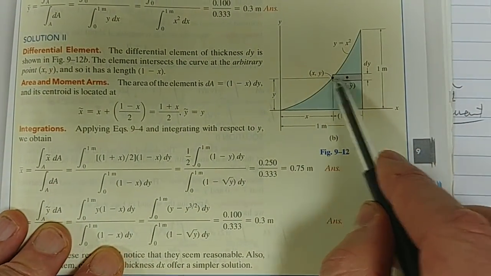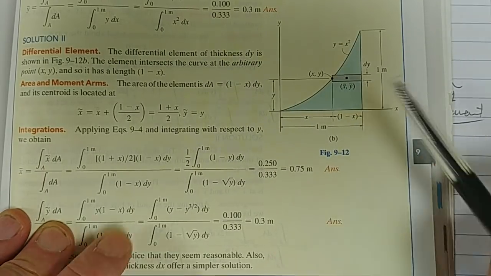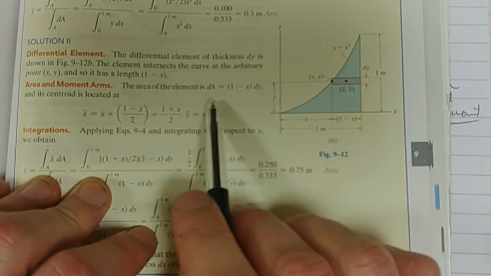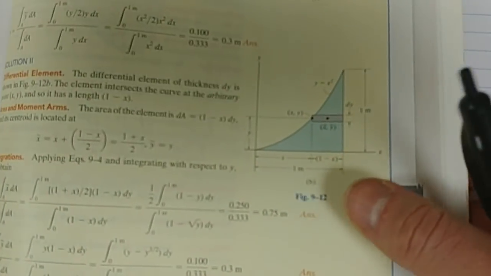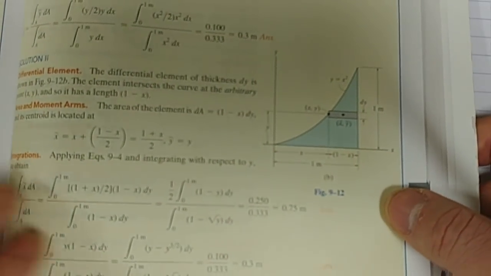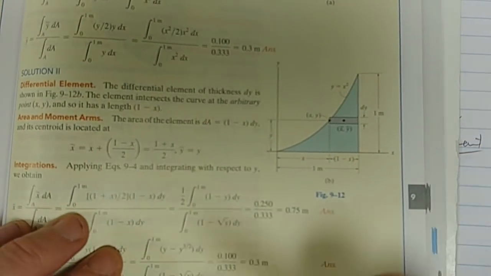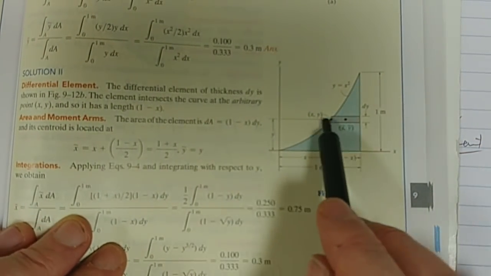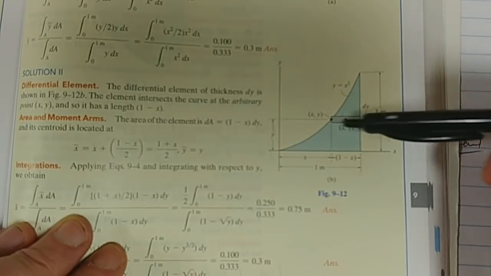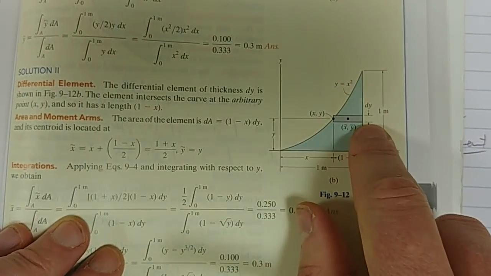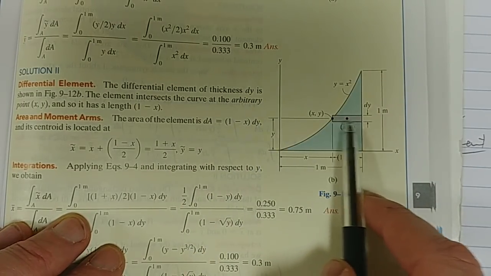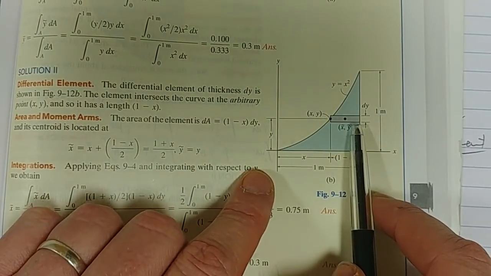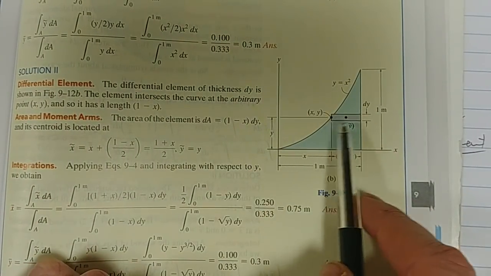You can also choose a differential element that is horizontal. Then your differential area is, again, your width times your height. Your height is dy, but in this case the length of your differential element is not that simple.